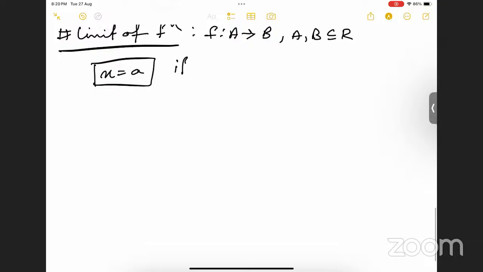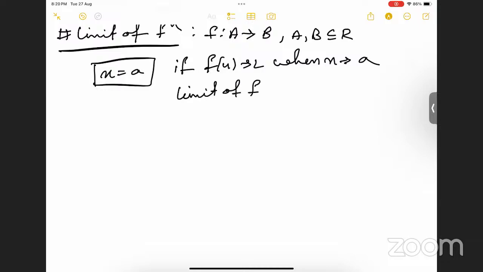So if f(x) tends to L when x tends to a, then we say that the limit of the function f is L at the point x equals a. So here we have this new term. That's it. Nothing more than that.